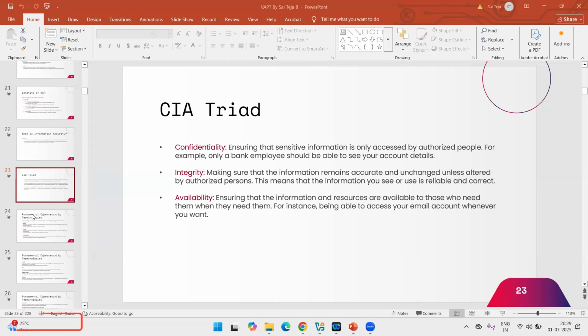Let me give an example. Say you are sitting here and there is a server and you're talking to it. And here is an attacker.